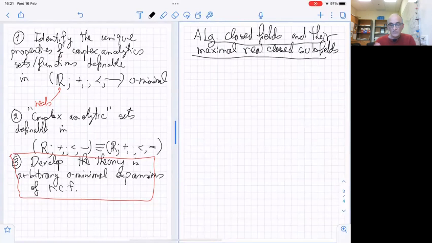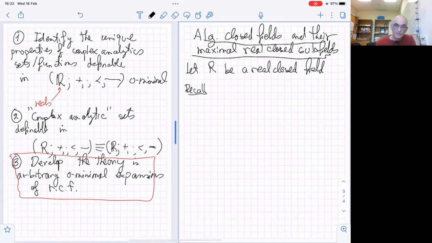Okay. So let me start first from the point of view of the real closed field. Let R be a real closed field. I'll remind you what it is. We recall, of course, several very different definitions of real closed field.